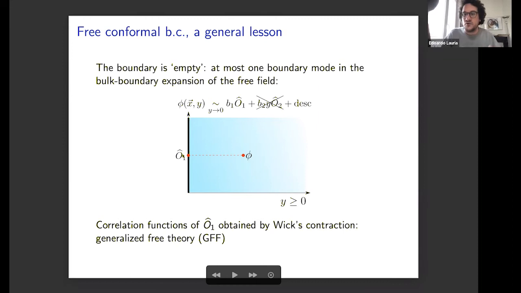Now you are not surprised if I tell you that correlation functions of this remaining boundary operator are totally trivial, because the correlation functions in the bulk are trivial, right? So in a sense, these correlation functions form a so-called generalized free theory. So they factorize and they can be computed by Wick's contractions.